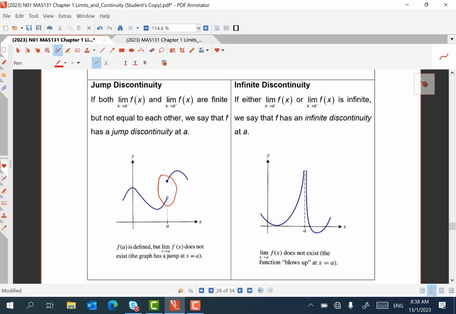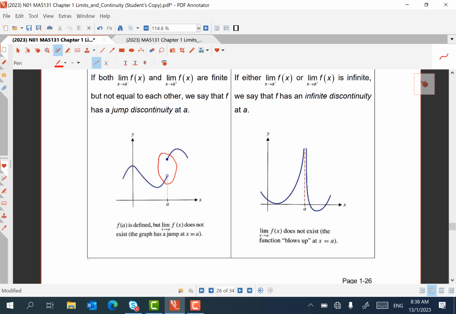In the AP exams, it is sometimes asked of you to describe the discontinuity or to pick MCQ choices to see what discontinuity it is. The third one is the infinite discontinuity, which happens when you have an asymptote on either side or both sides.